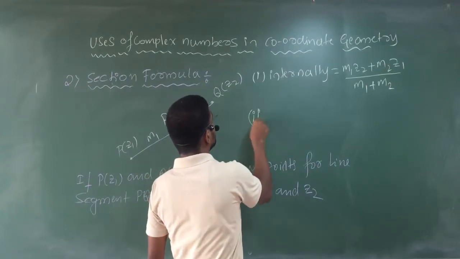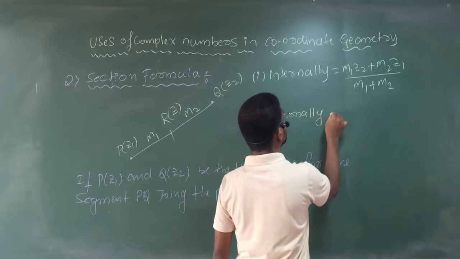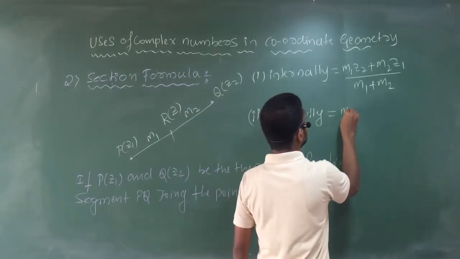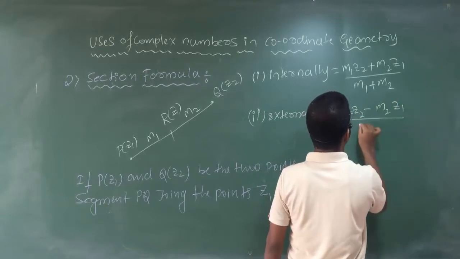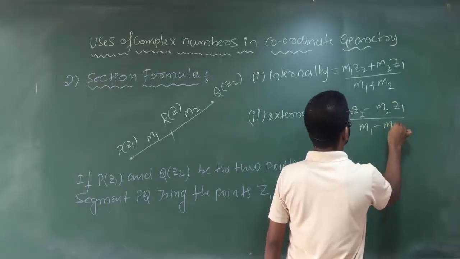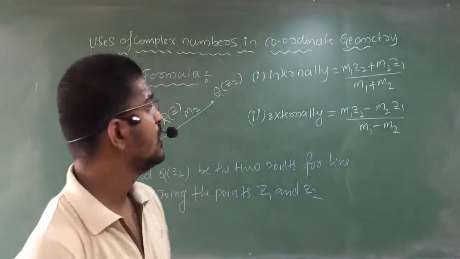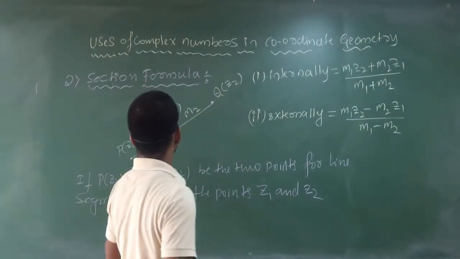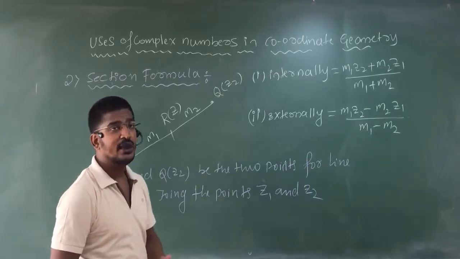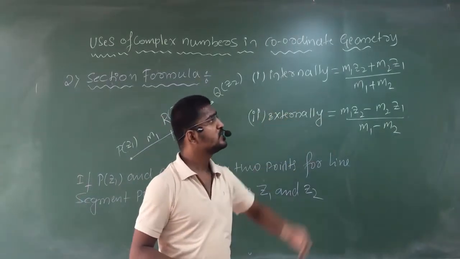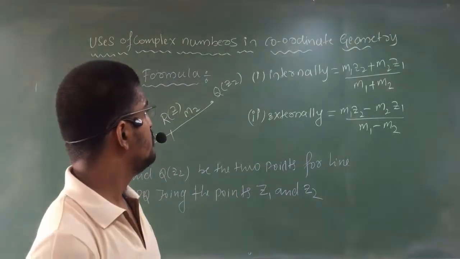And the second one will be externally, that is equal to M1 Z2 minus M2 Z1 divided by M1 minus M2. So if the line segment is joining the 2 points PQ in the complex plane, internally it will be M1 Z2 plus M2 Z1 divided by M1 plus M2.